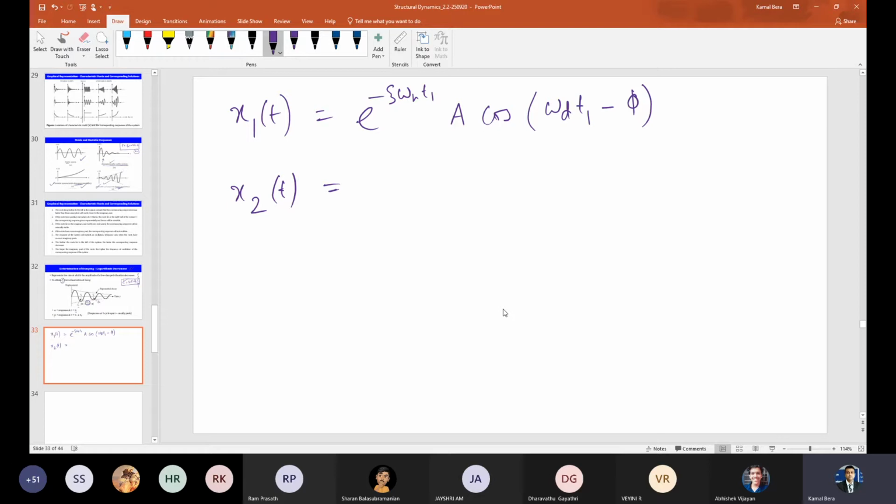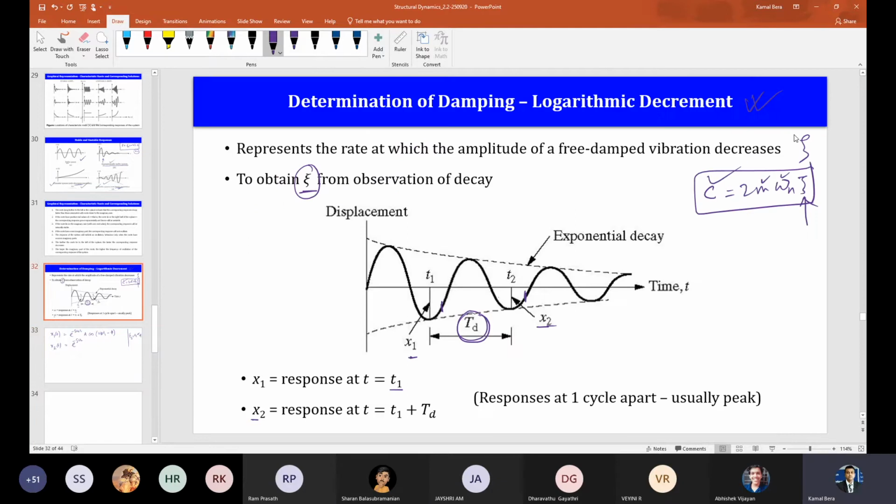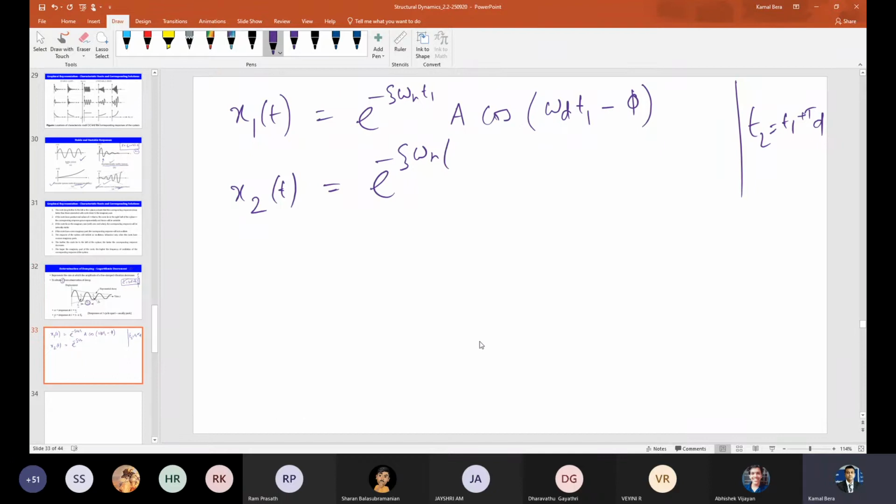Am I right or wrong? Yes, sir. So it should be t2. What is t2? t2 is t1 plus Td. Why Td? Go back: t1 plus Td, one cycle apart but damped. So e to the power minus zeta omega n (t1 plus Td), A cos(omega d (t1 plus Td) minus phi).